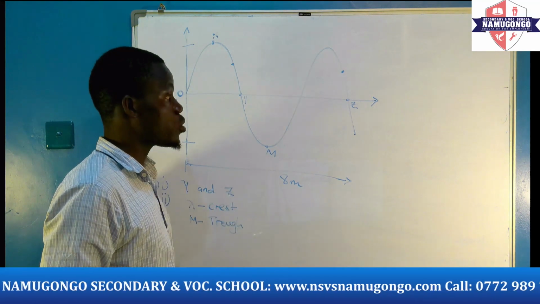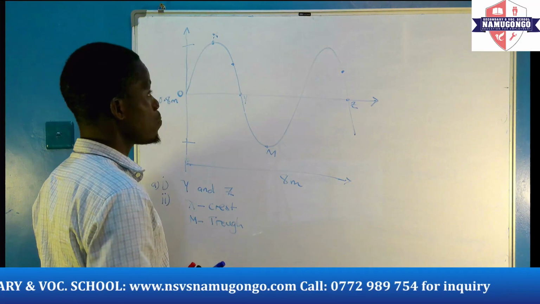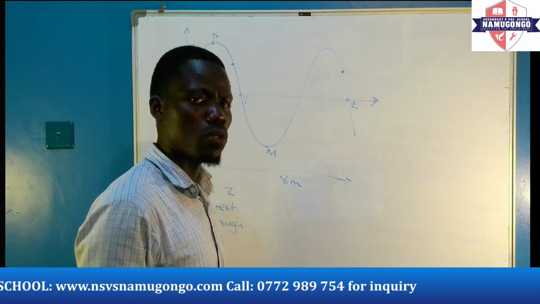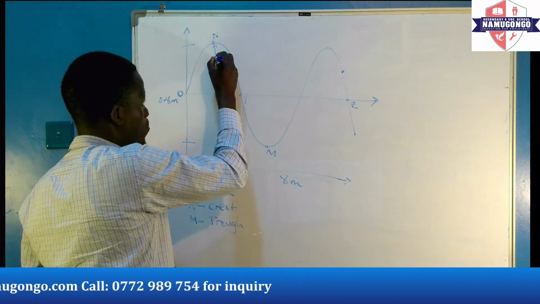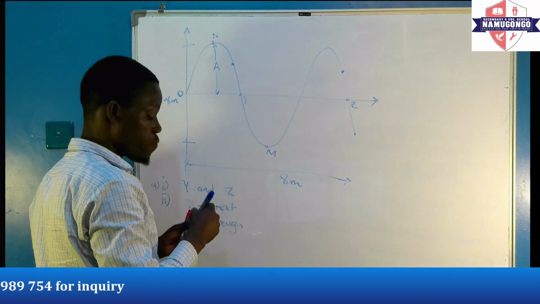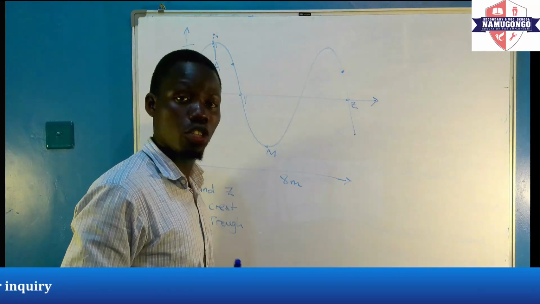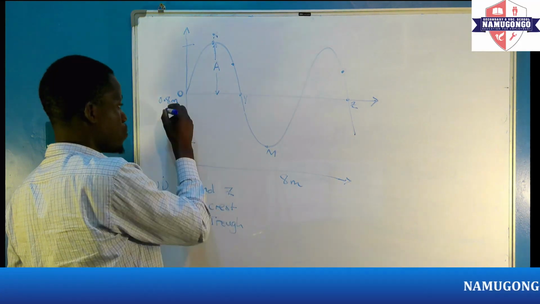Another question says determine the amplitude of the wave. What did we say amplitude is? This is the greatest or maximum displacement of the wave particle from the rest position. Our rest position is 0.